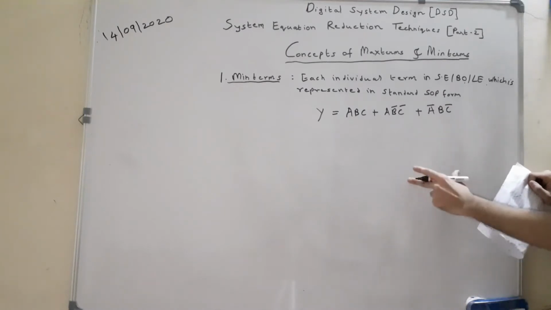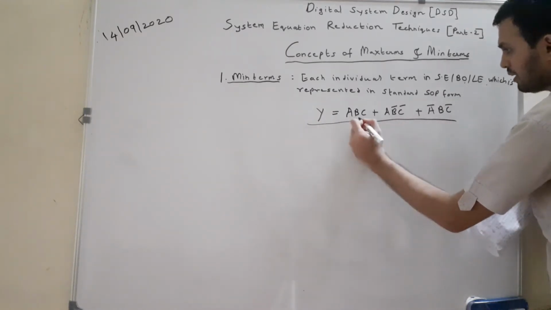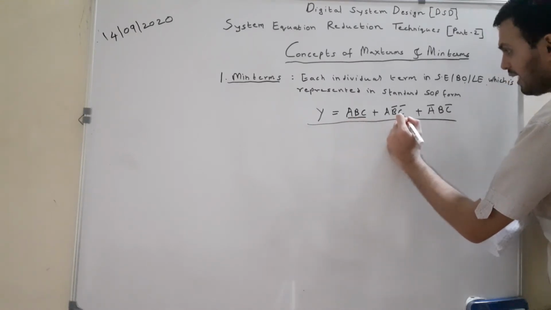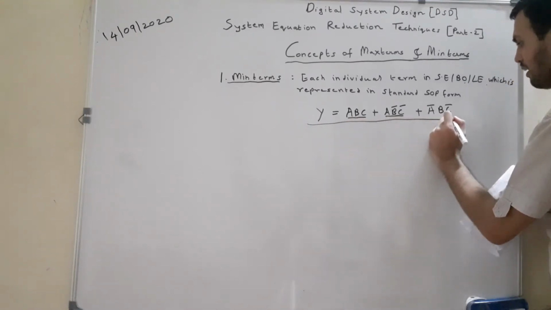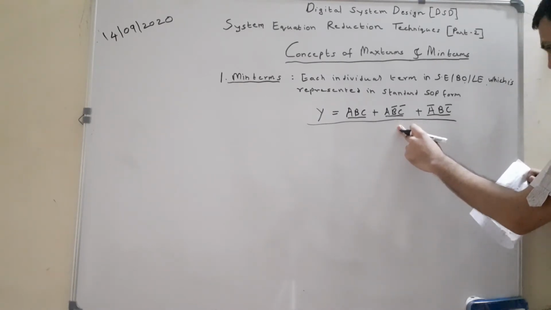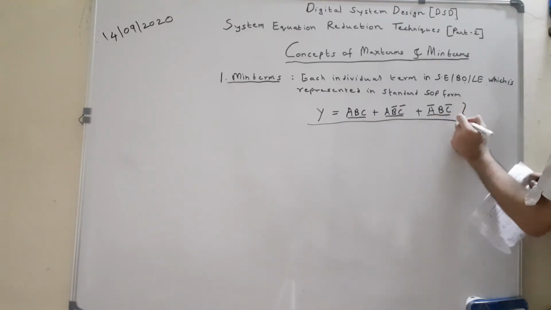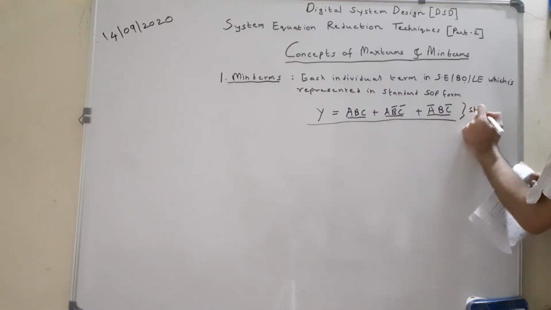So if anybody asks you what are the min terms from this system equation, these individual terms, that is ABC, AB complement C complement and A complement BC, are known as min terms in that particular system equation, logic expression or Boolean expression, because this expression is in standard SOP.